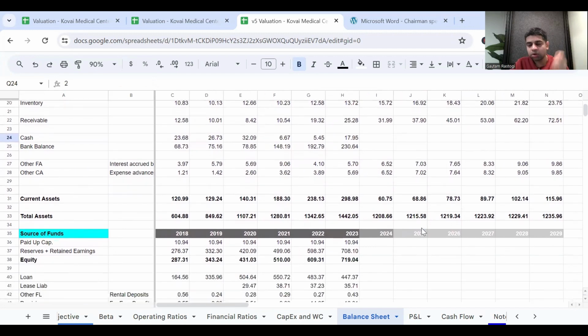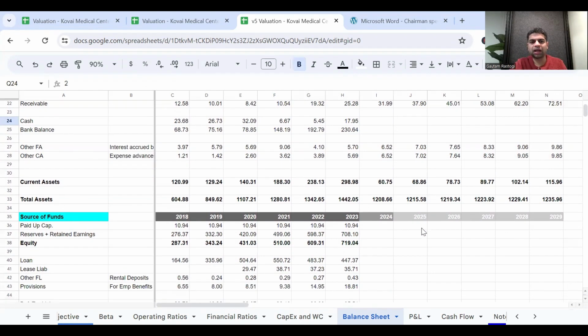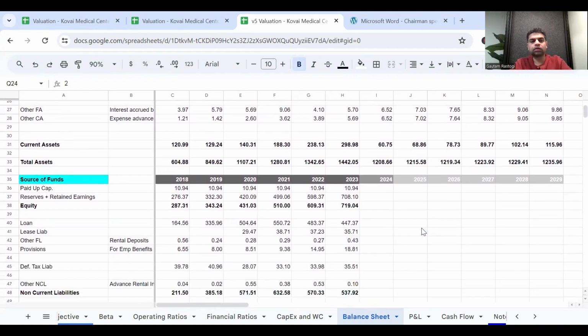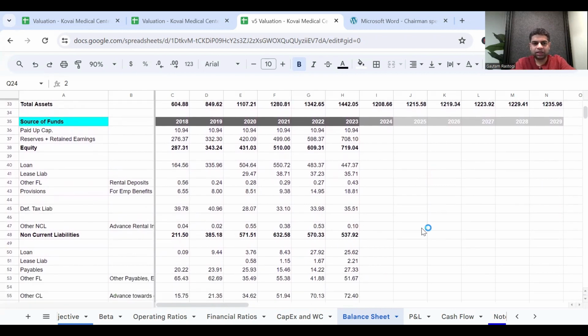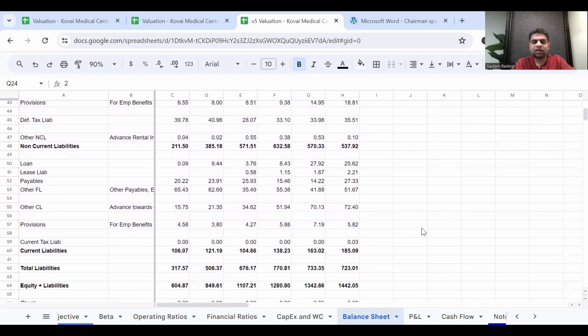Now let's logically move down the balance sheet. Let's go to the liability side. In the equity and liability side, let's first complete the current liabilities because I want to finish off the working capital estimation.